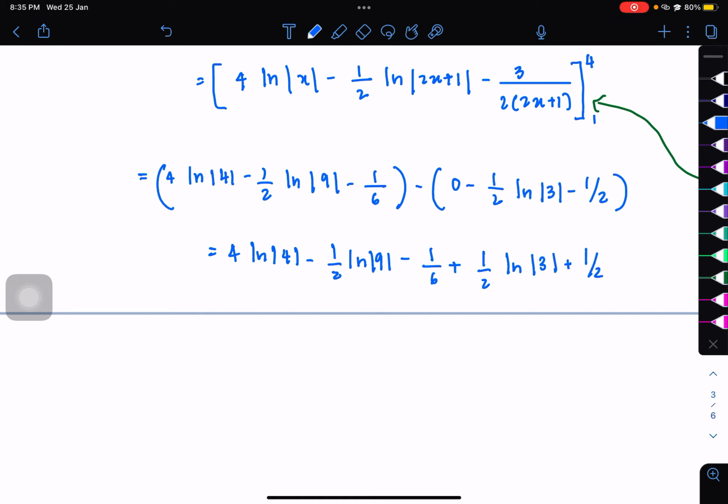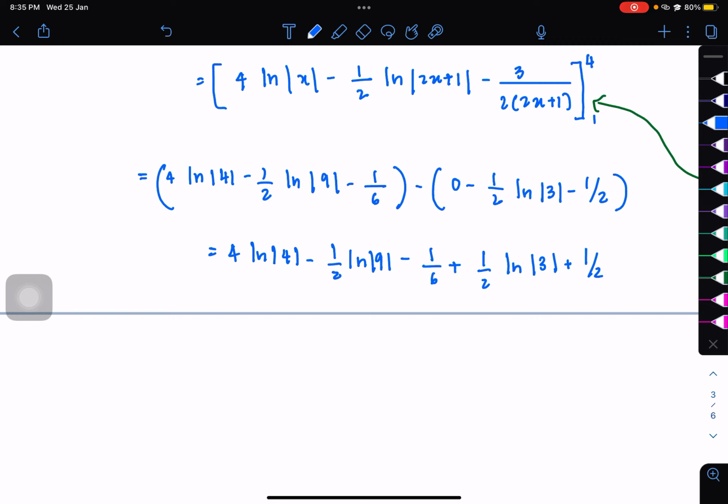Saya tekan 4 ln 4 minus 1 over 2 ln 9 minus 1 over 6 plus 1 over 2 ln 3.